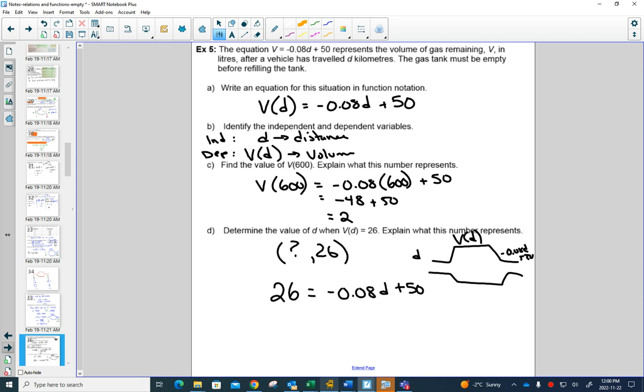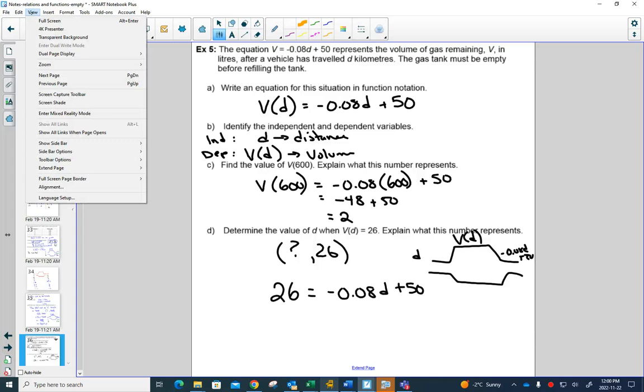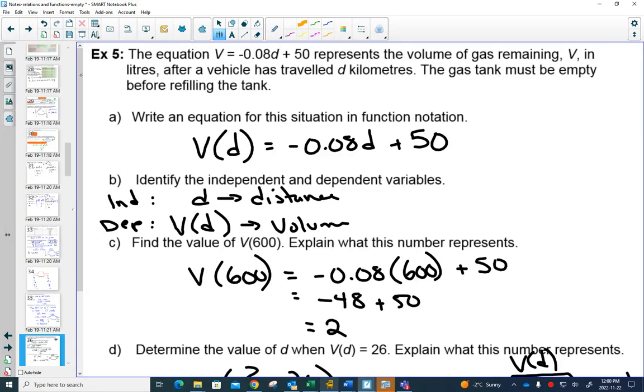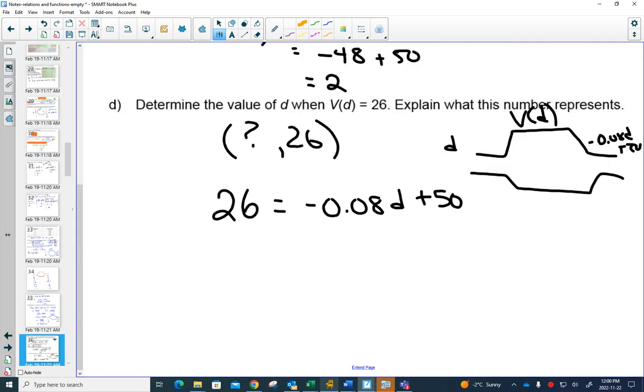And we have to do the mathematics, combine our like terms. Are there any like terms in this question? Yeah, 50 and 26, but they're on either side of the equation. In order to combine them, they would have to be on the same side. So it makes sense to minus 50 on this side and minus 50 on this side. That gives me negative 24 equals negative 0.08 D. I want to get the D by itself.